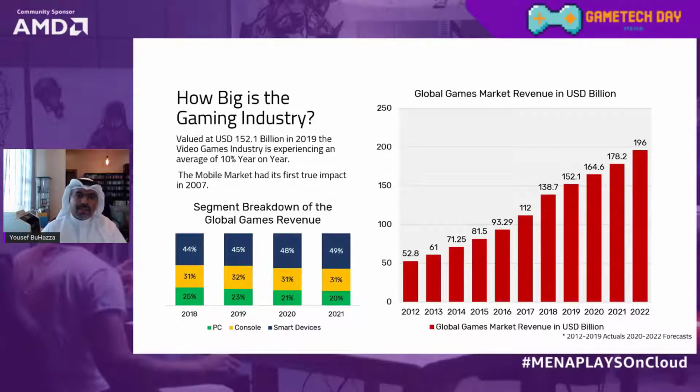Basically, it's experiencing a 10% year-on-year growth average, with the mobile market having its true impact back in 2007, when the mobile industry has seen a huge growth. The distribution of that has shown that smart devices are actually really overtaking the market, and they're also having a good impact towards the video games industry in terms of growth.